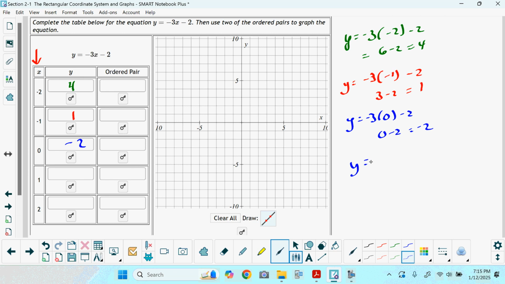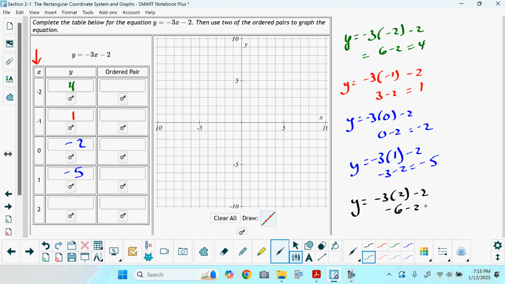And then we'll do y equals -3 times 1 minus 2. Let me get that right. That's -3 minus 2, which is -5. And we'll come back over here and do y equals -3 times 2 minus 2.